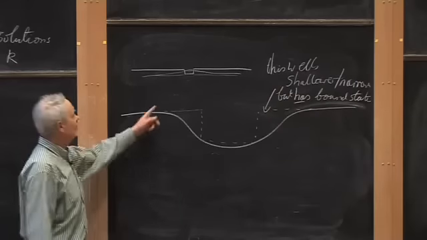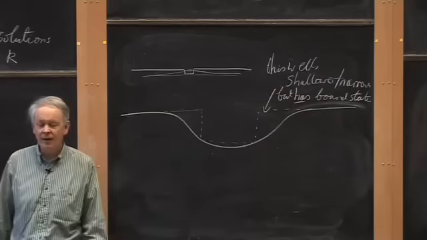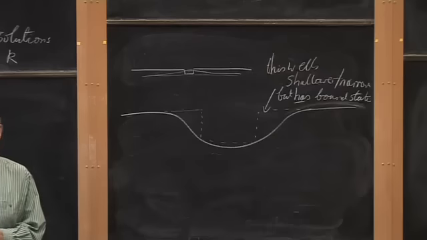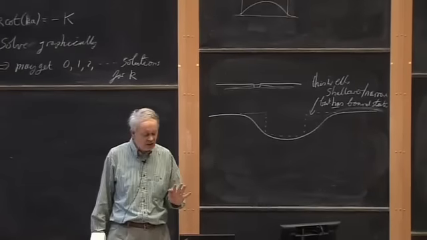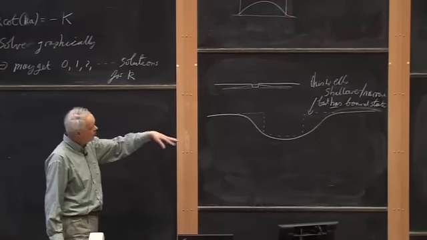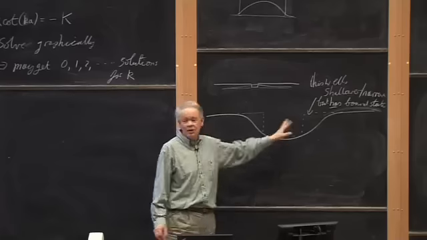So you reason that this wider and deeper well also has a bound state. So we're making an inference from this very special, rather artificial square well potential about all one-dimensional wells.